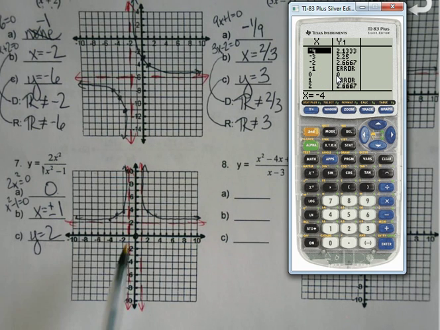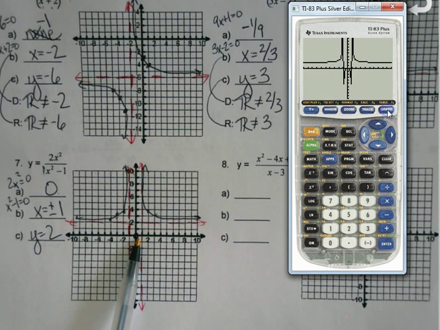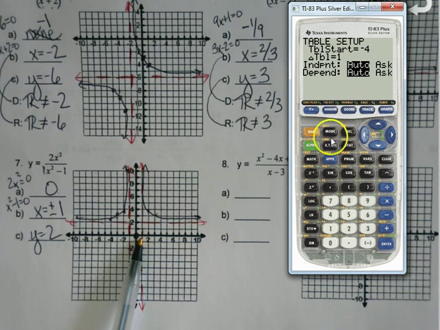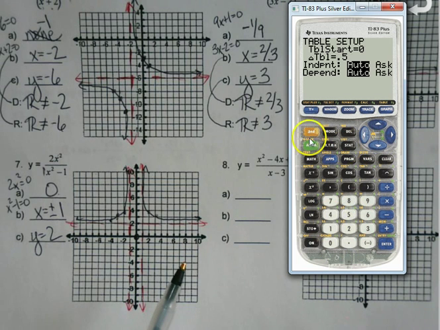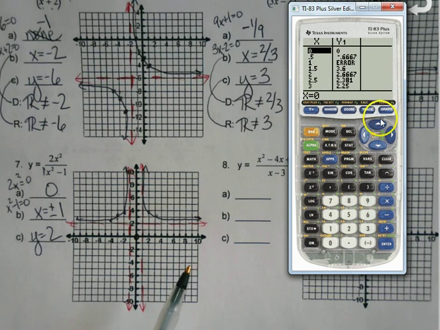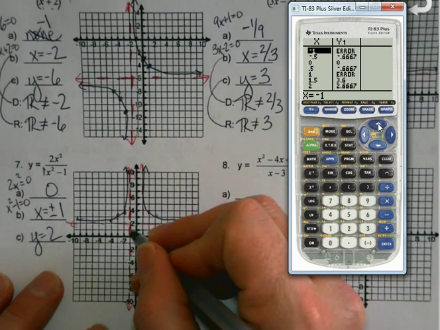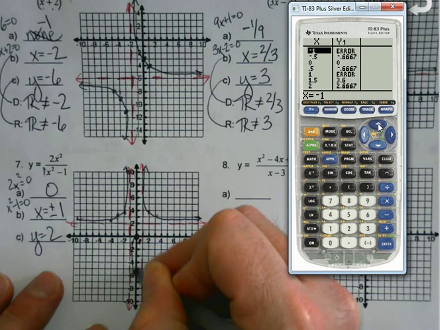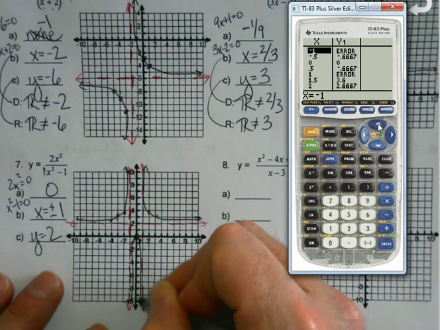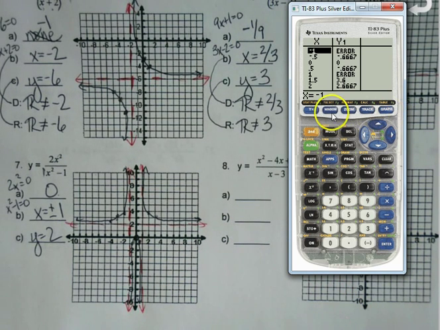If just seeing that 0 kind of confuses you, even when you look at the graph, you're like, I'm really not sure how this works. Remember, I can mess with the table set if I want to and say, hey, let's go by halves, and I might be able to see what's going on a little better here. So I notice at positive and -1/2, I'm almost down to -1, and oh yeah, now I can kind of see that that looks like a parabola that's really smashed in there.